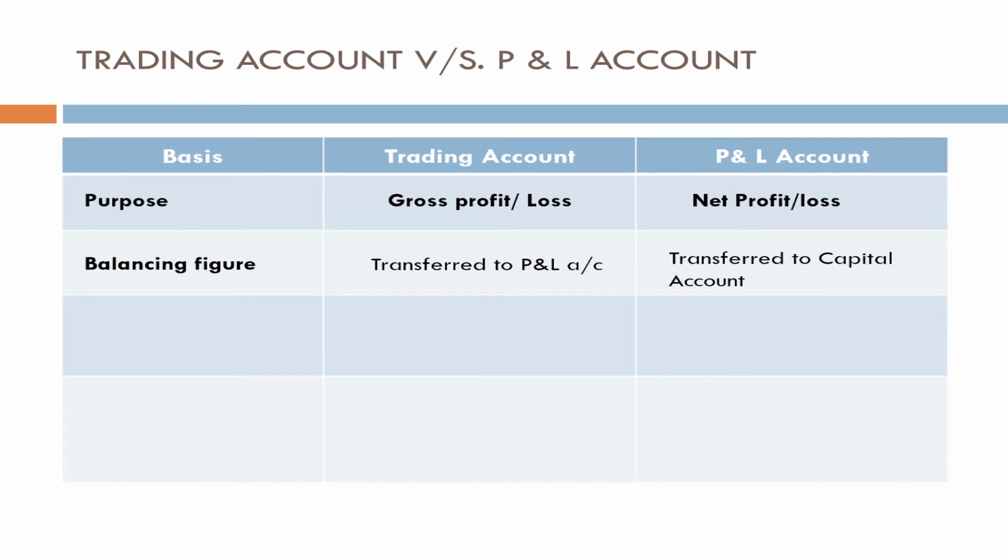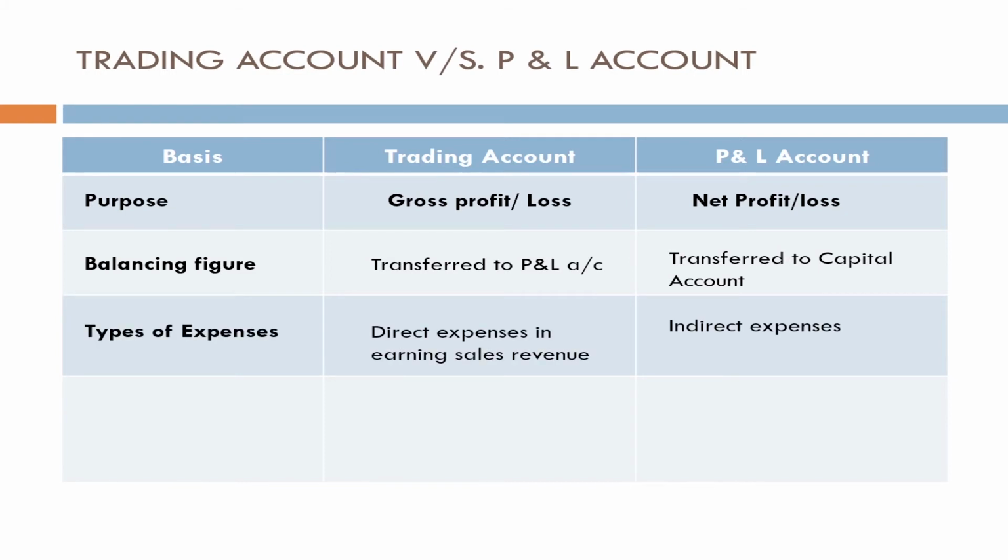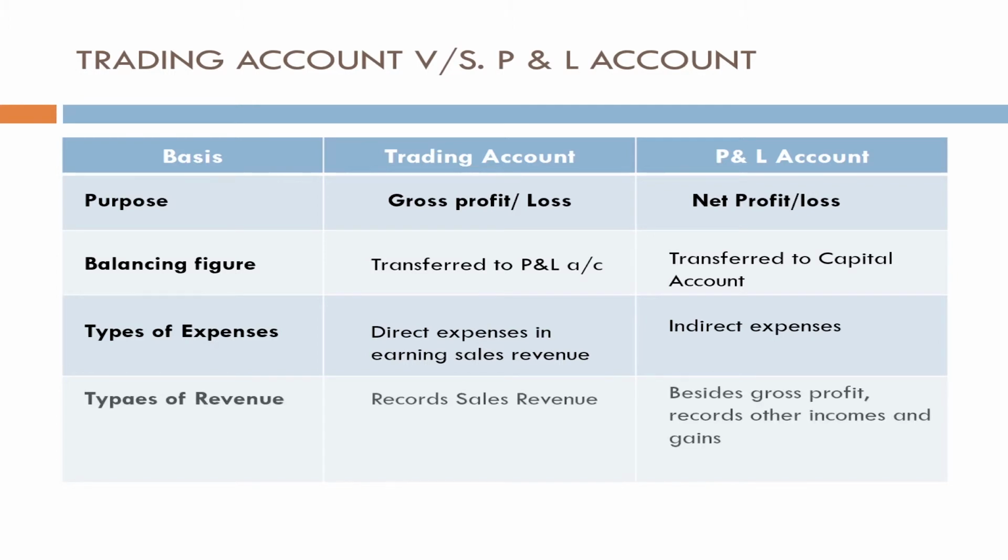The trading account includes direct expenses in earning sales revenue, and the P&L account includes all indirect expenses. Now, the trading account records sales revenue, and on the other hand, the P&L account records other incomes and gains.